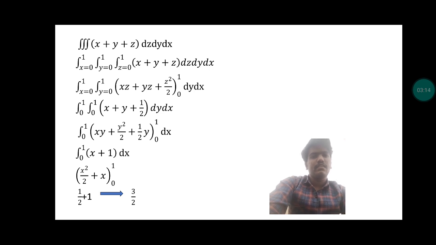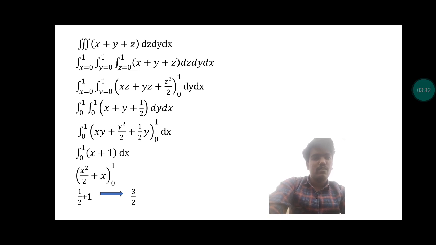Integrating with respect to z, it becomes the integral x from 0 to 1, the integral y from 0 to 1 of (xz + yz + z²/2) with limits 0 to 1, dy dx.